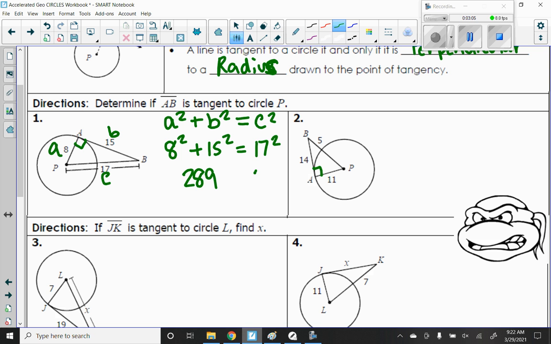And 17 squared is 289. Since this is equal and this is a right triangle, this answer is a yes. It is tangent.